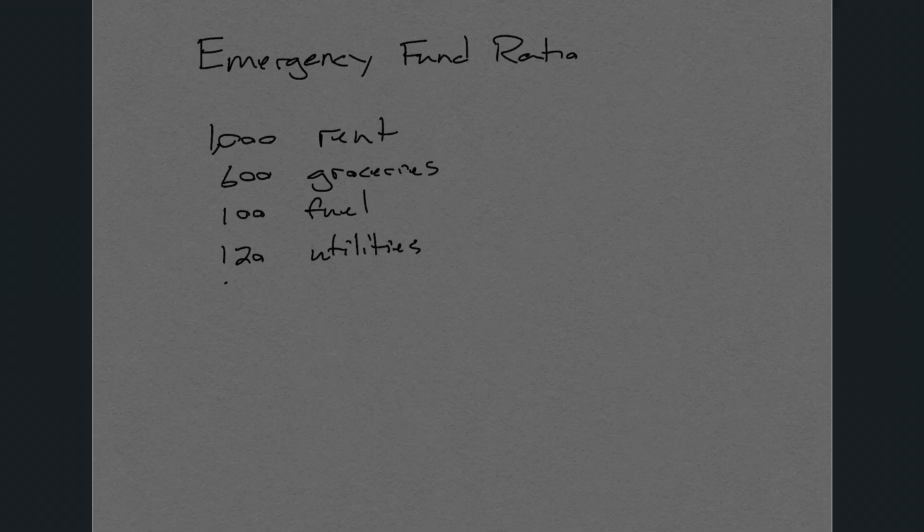These are all just made up numbers. You've got $100 for a phone bill, which my phone bill was $100. You've got $80 for internet. And so you would just go through this list and figure out what it is that you cannot live without, essentially. Then we'll add these together. So what is that? 1,000, 16, 17, 18, 19, $2,000.